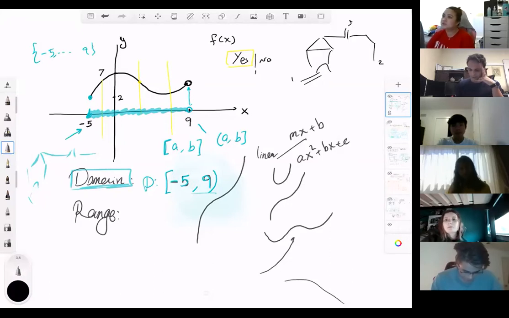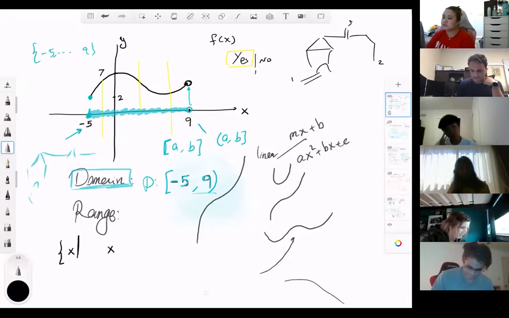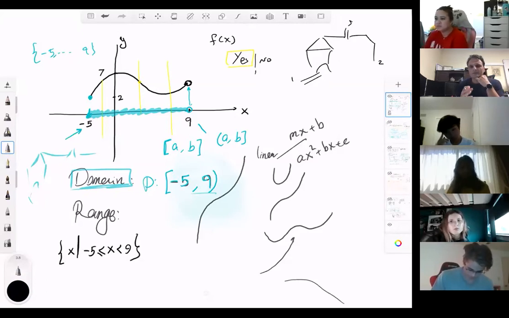If they say inequality, you're going to use set notation. You're going to say x such that, this line means such that, x is less than 9, greater than or equal to -5, and close the bracket. So this will be the same as that.